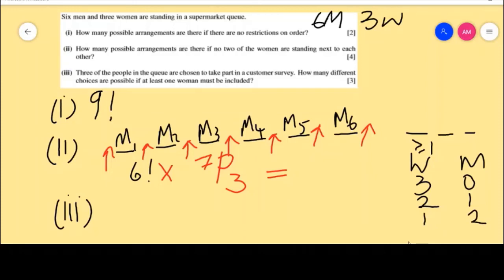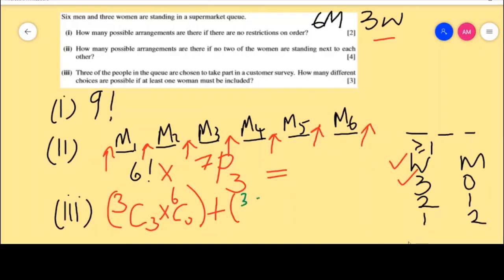The first combination there, I've got 3 women. So the first is 3. I'm going to choose 3 by 6 choose 0. So this is for this first one here. The second one is going to be, right, women I chose 2, so 3 choose 2 times 6 choose 1.